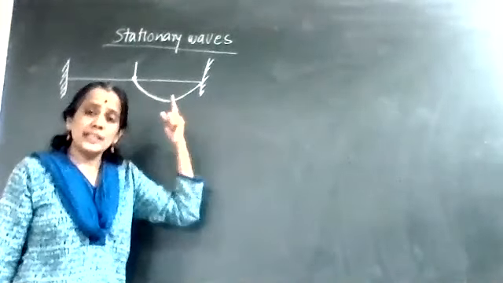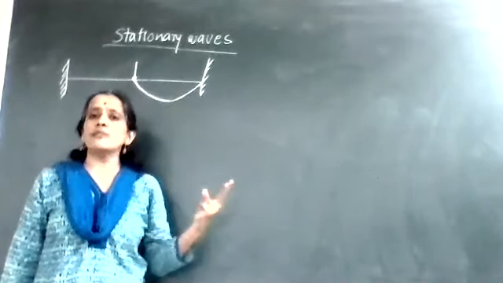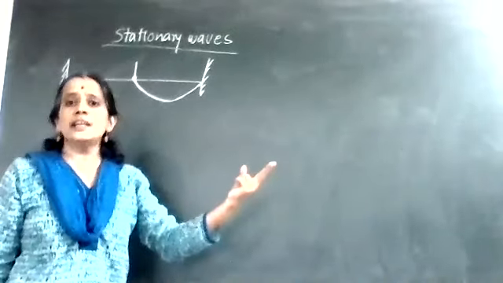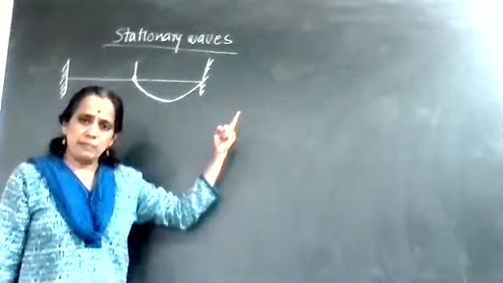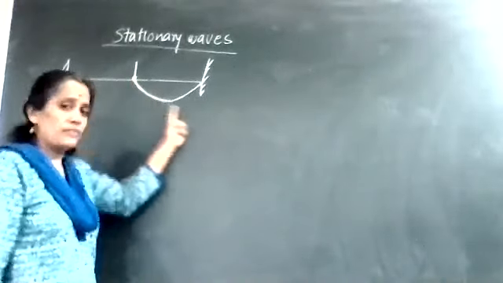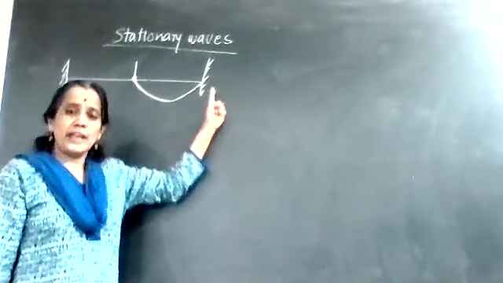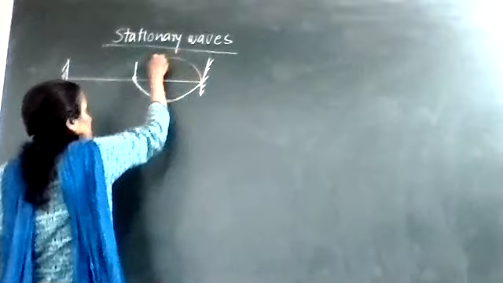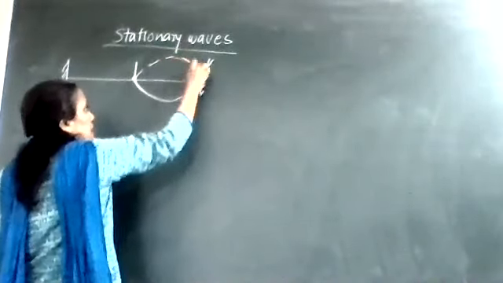Already in the second lecture, I have explained how the reflection of a transverse wave takes place when it is incident on a denser medium. Now your rigid wall will act as a denser medium. So whenever any trough is incident on a denser medium, that trough will be reflected as a crest.